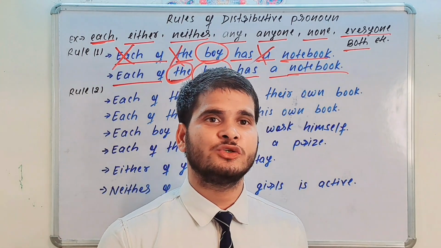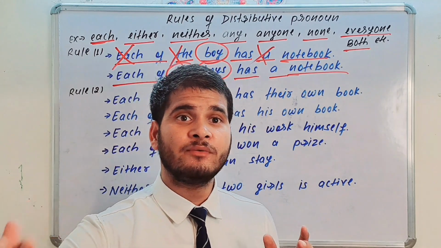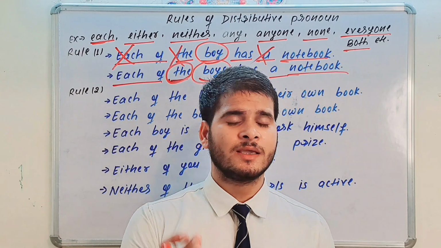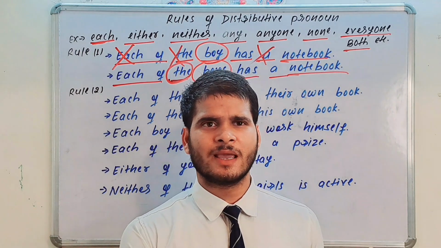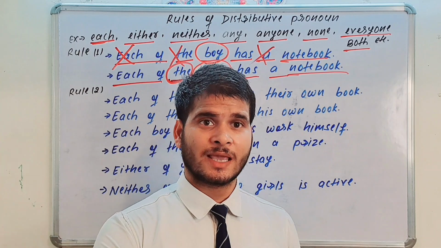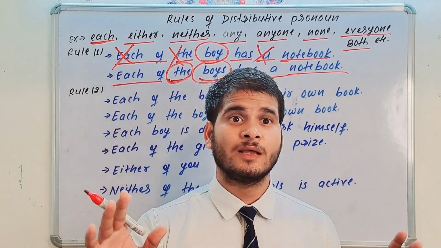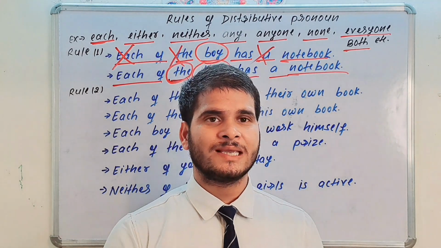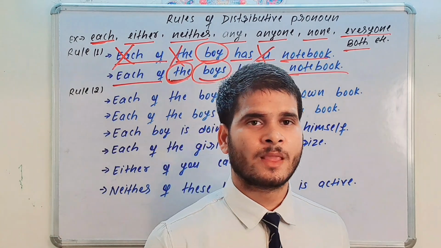The article "the" is used after each of, either of, neither of, and before the plural noun that is used after each of, either of, and neither of. And the second case in the second rule is that a singular pronoun and singular verb are used with each, either, neither, and any singular noun.